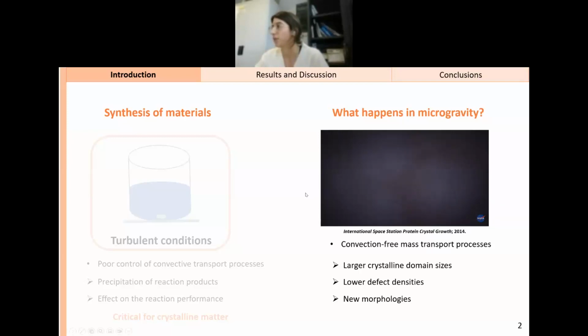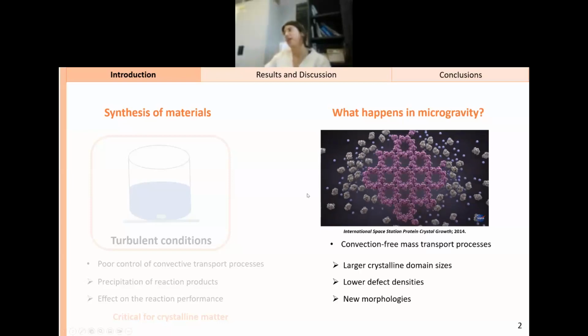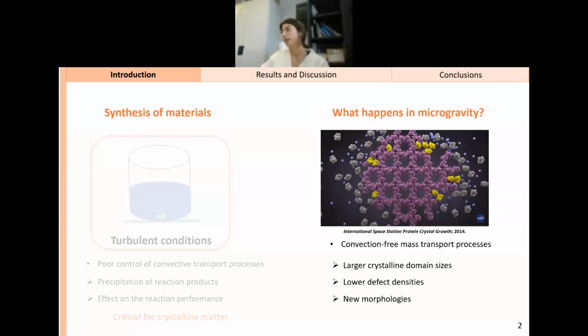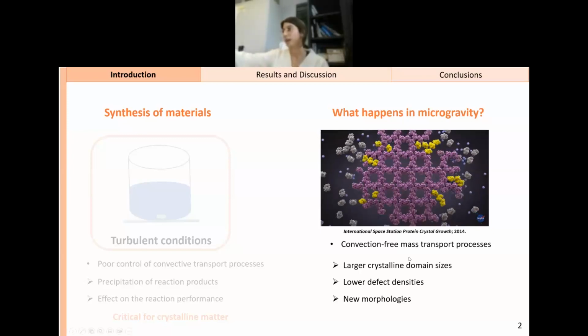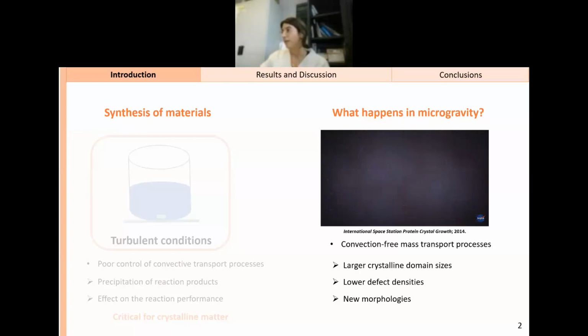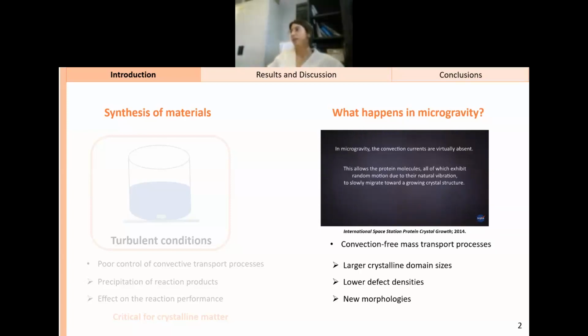This is what happens on Earth. You see this convection that sometimes forms this kind of defects. But in contrast, in microgravity, you see that these convection currents are absent, and as a result, you can have fewer defects.